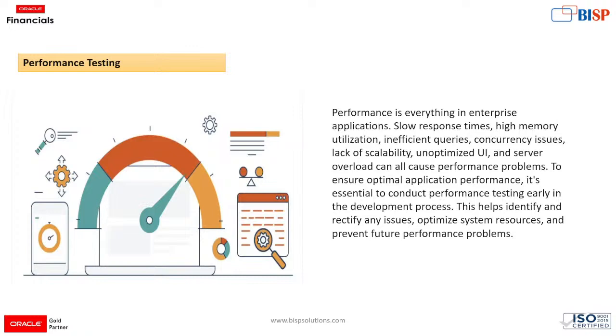One of the most common performance issues is slow response time. When the application takes too long to respond, the user can become frustrated and abandon the application altogether. This can be caused by a variety of factors, including inefficient code, poorly optimized database, and network issues.